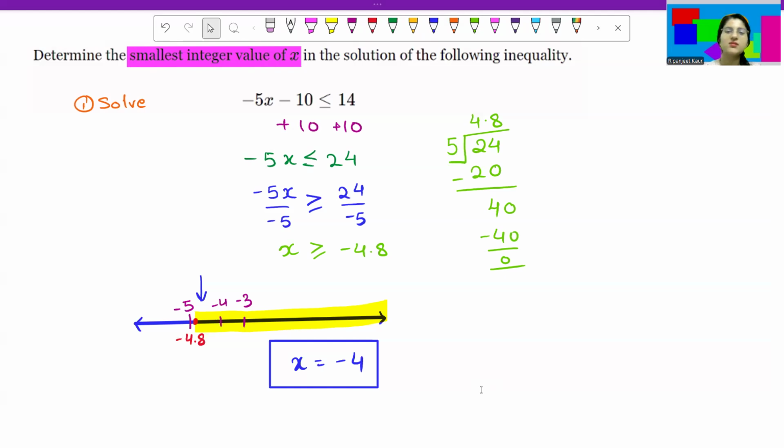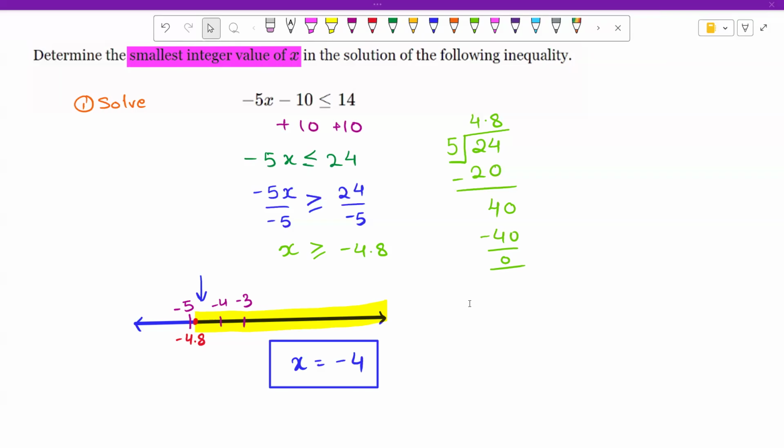Then other things in the intervals, in the notations, we'll be finding out. But for now, we will be doing only integers in this particular topic. Any other question? No. Please take a note of this, then we'll move forward to the next part.